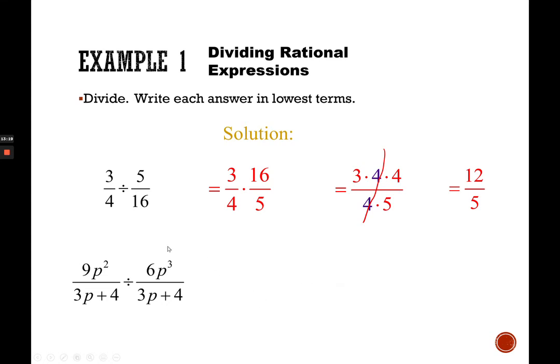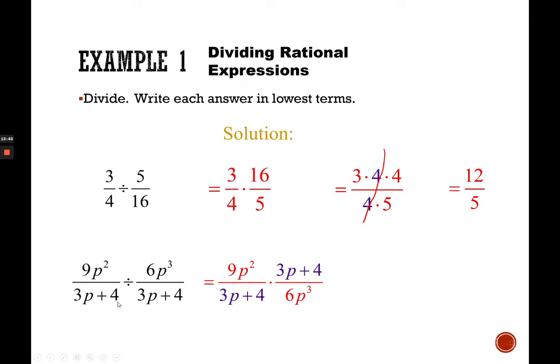The same process applies if it is a rational expression. So here you have 9p squared over 3p plus 4, divided by 6p cubed all over 3p plus 4. You're going to flip your 6p cubed over 3p plus 4, and then the division becomes multiplication.